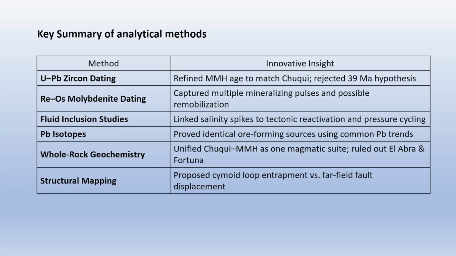Another method was fluid inclusion microthermometry, which was conducted on deep copper-molybdenum veins in MMH. The key findings were that homogenization temperatures and salinities all matched Chuquicamata, and they found halite-bearing inclusions with high salinities up to 47.8%, which indicate hydraulic fracturing and overpressure.